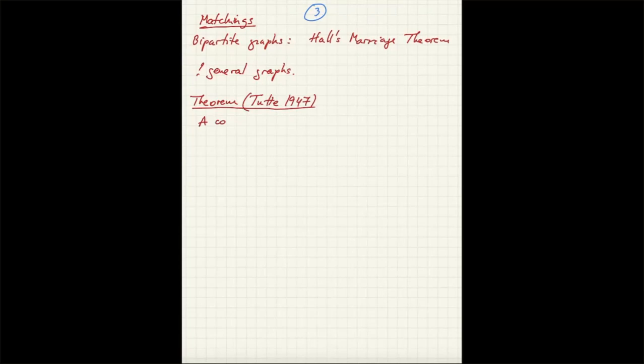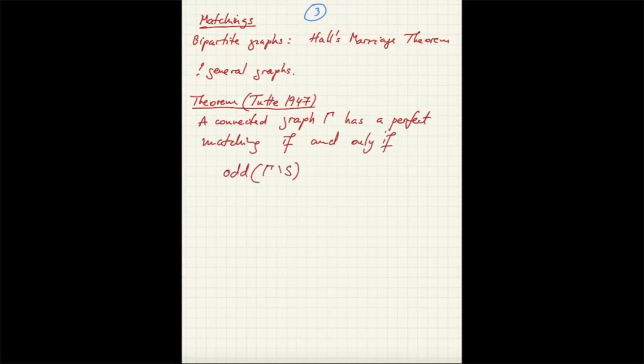So if you have a connected graph, gamma has a perfect matching if and only if the following condition is satisfied. I will explain in a second what these notions mean. The number of odd components in gamma minus S is less than or equal to the cardinality of S for any subset S of vertices. So let's say gamma has vertex set V and that's it.